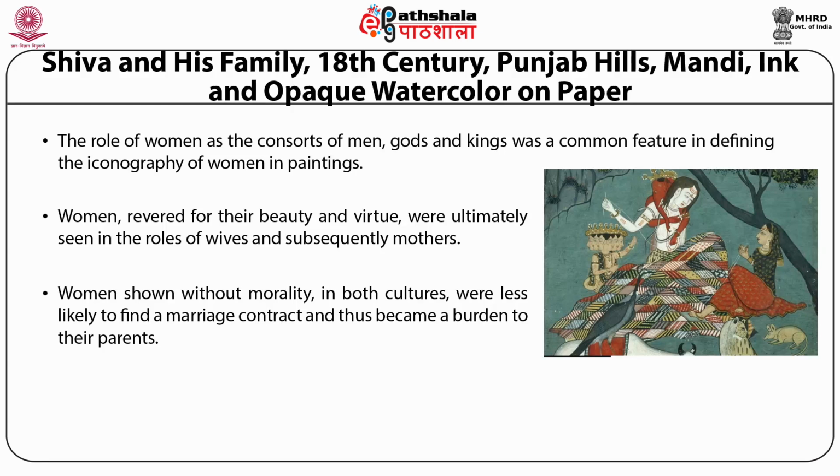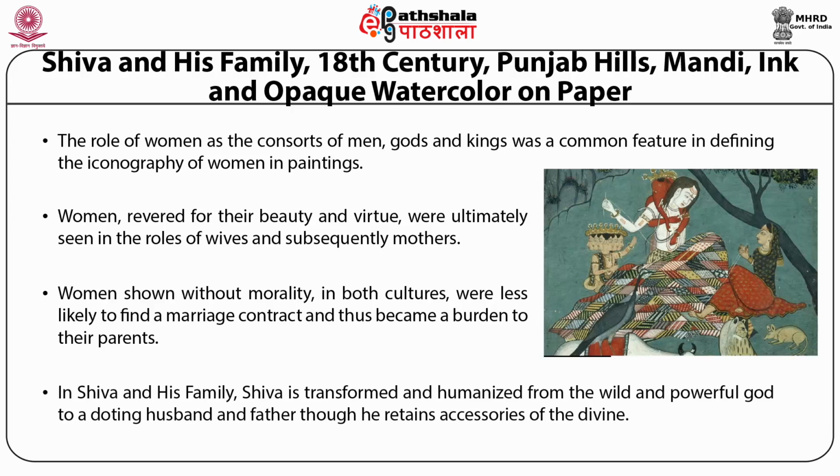Women shown without morality in both cultures were less likely to find a marriage contract and thus become a burden to their parents. In Rajput culture, scenes of the Holy Family in domestic bliss were a popular theme. In Shiva and His Family, Shiva is transformed and humanized from the wild and powerful god into a doting husband and father, though he remains an accessory of the divine.